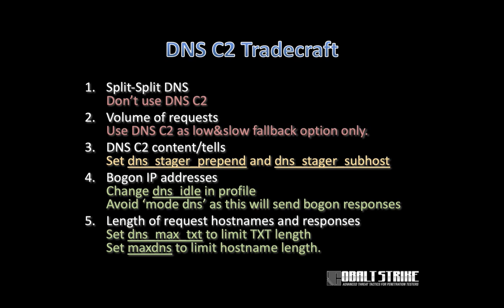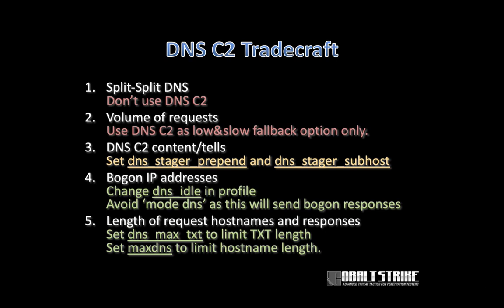As for the content and tells in Cobalt Strike specifically, there are some malleable C2 options to change some of the DNS indicators. For example, DNS stager prepend and DNS stager subhost allow you to play around with the TXT record staging process. There's also an option today to set the time to live value in Cobalt Strike's DNS responses. As for bogon IP addresses, there is an option in malleable C2 called DNS idle.